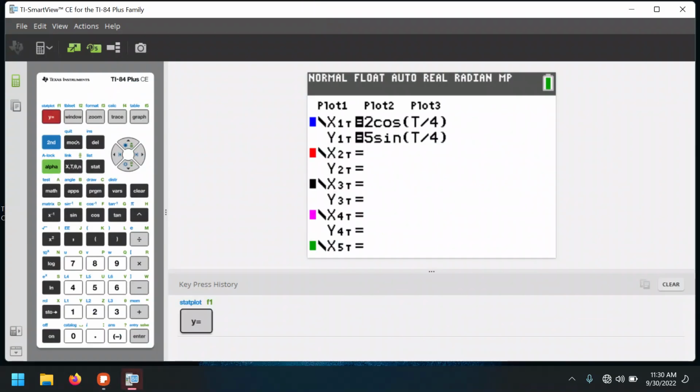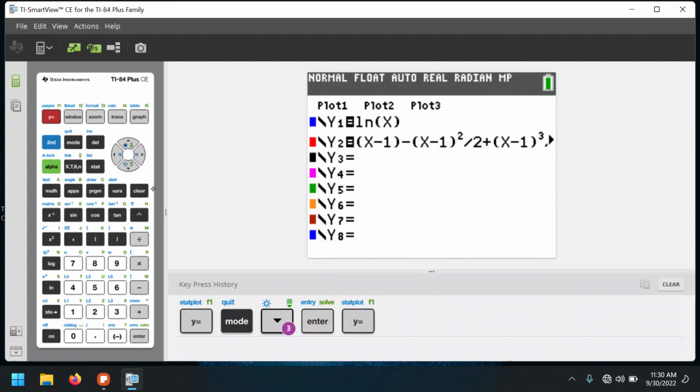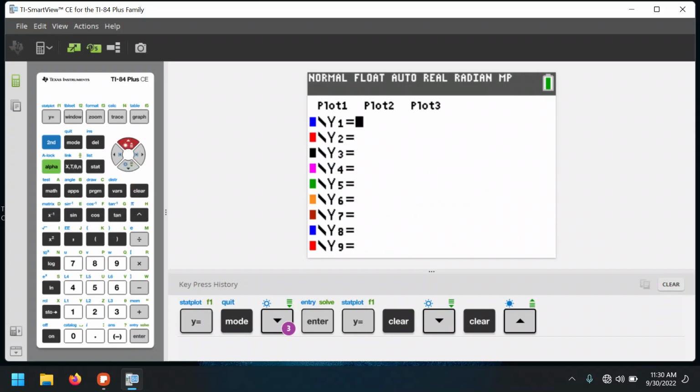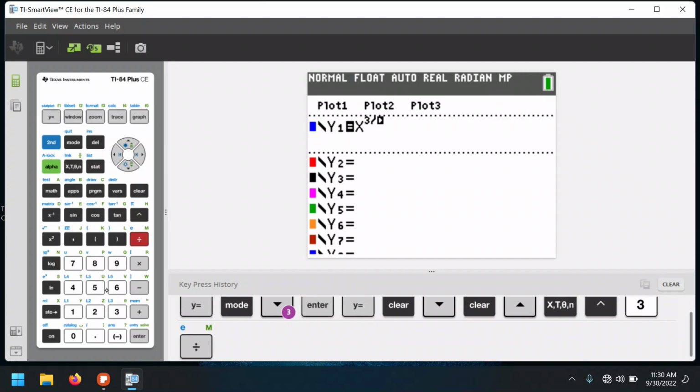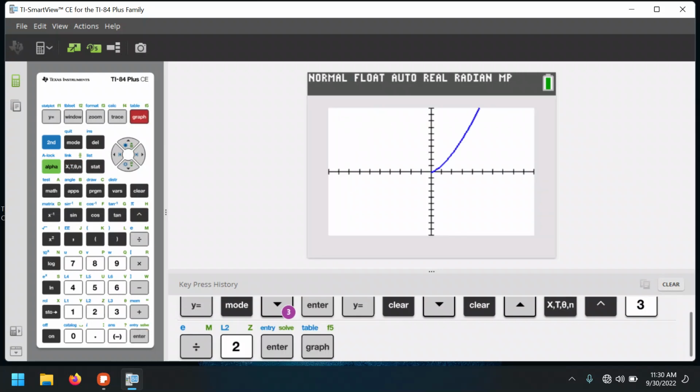Let me go to function mode, y equals x to the 3/2, and graph. So we're finding the length, how far along the curve we go from 0 to 1, 2, 3, 4. That's the distance, which is 8 over 27 times 10 root of 10 minus 1.